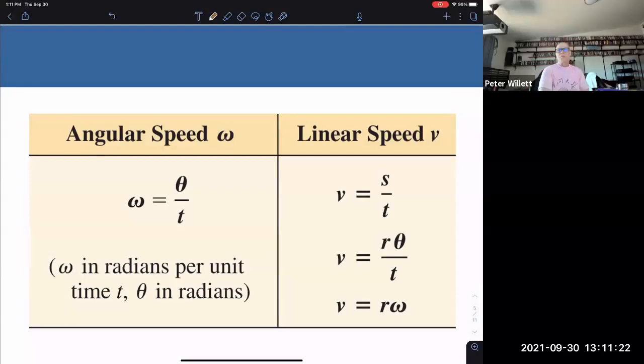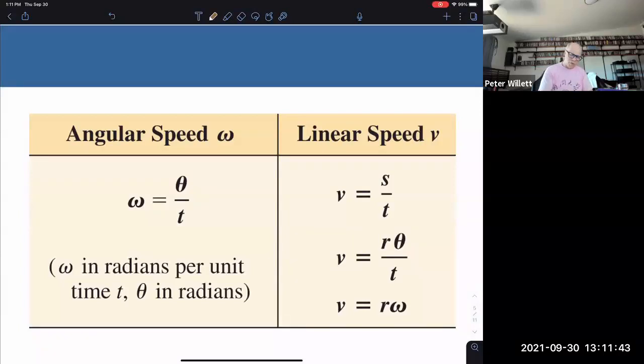And then linear speed, that's how fast the point is actually traveling around the circle, is arc length divided by time. And they point out, as I did on the earlier slide, that if you have a radius that's not 1, if you have a bigger radius circle or something different, then the arc length is just that radial measurement times the angle in radians.